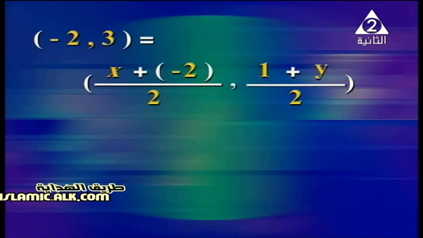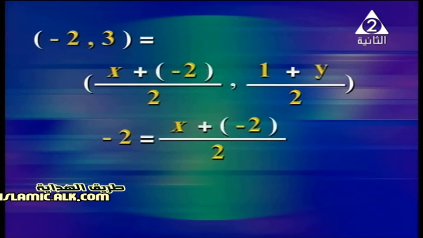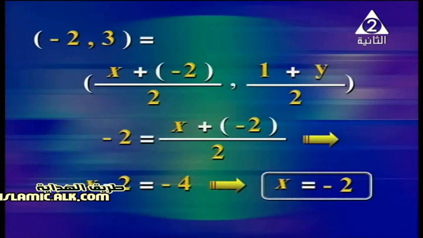Then we can say that the x coordinate equals the x coordinate. So it is -2 equals (x plus -2) over 2. By making cross multiplication, you are going to find that x minus 2 equals -4. Then x will be -2. What about the y coordinate?